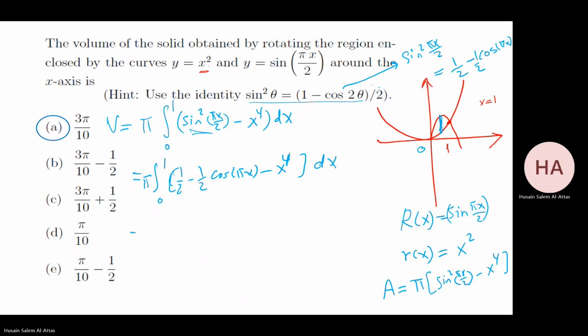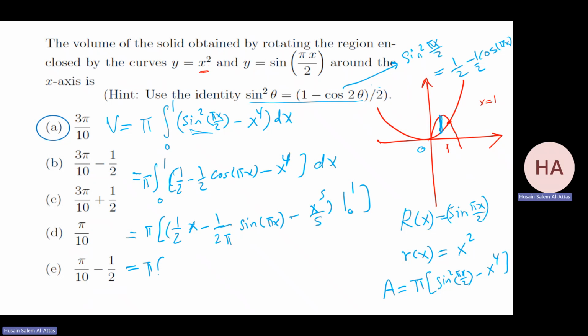dx. So that gives me pi times half x minus 1 over 2 pi sine of pi x, minus x to the power 5 over 5, from 0 to 1.